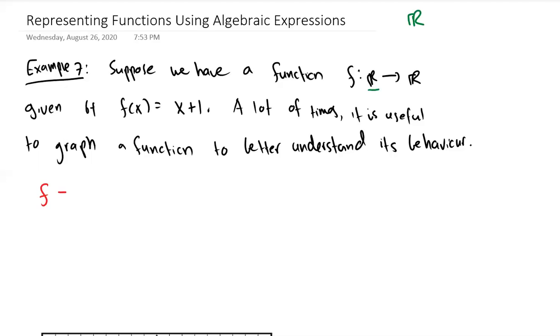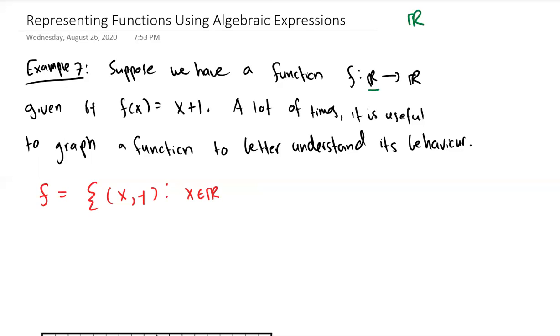So by definition, f is the set of all... Okay? So we know we're looking for ordered pairs. So ordered pairs of the form x comma y, okay, such that, well, x has to come from the real numbers. Right? So x is an element of the reals. And what is y? Remember that y is the image of x under this function. Right?